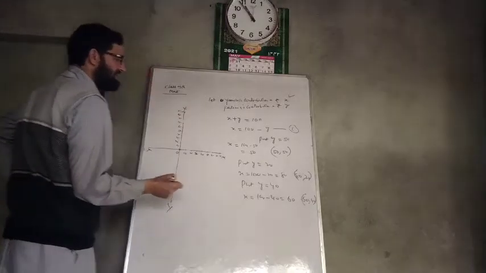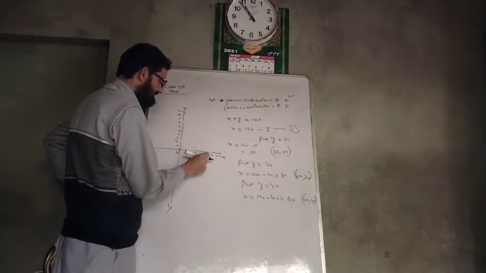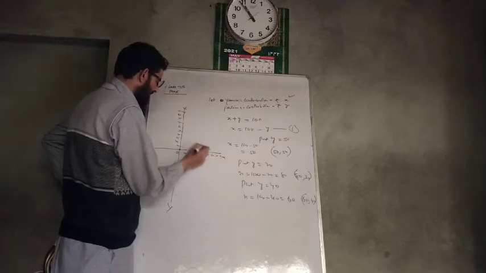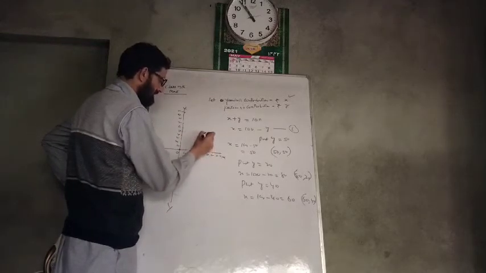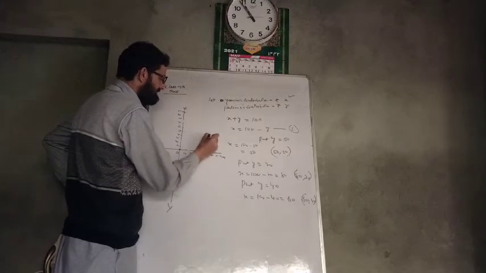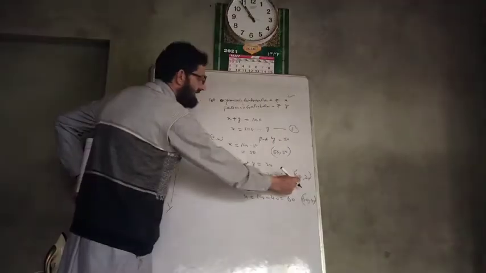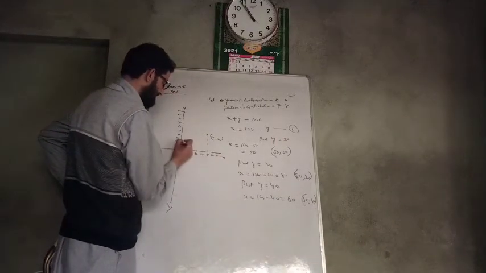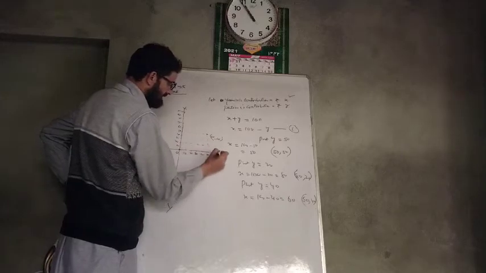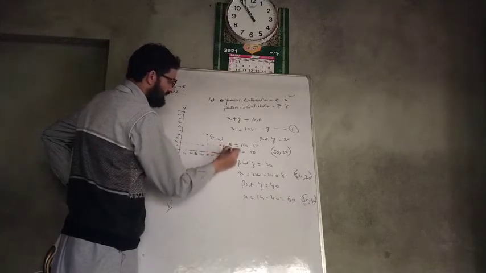Now our first point is 50, 50. Now 50 is here, and when X is 50, Y is also 50. So this is the point, X 50 and Y 50. So this is the first point. Then it is 80, 20. This is our 80 and 20. 20 is here, and this 80, 20.